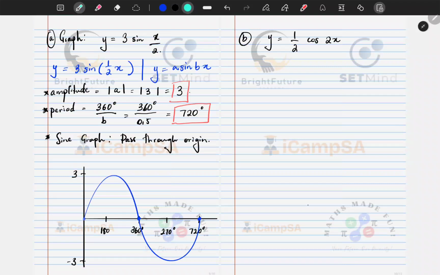So if we had our original sine x graph, this was gonna be, let's just say this is 1. Obviously this is not drawn to scale. This is gonna be -1, -2, right? So if we were to draw the original sine x graph, it was gonna look like this.